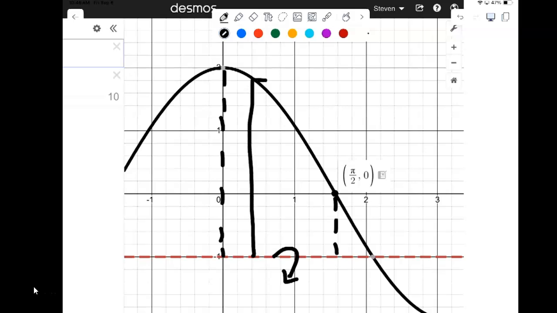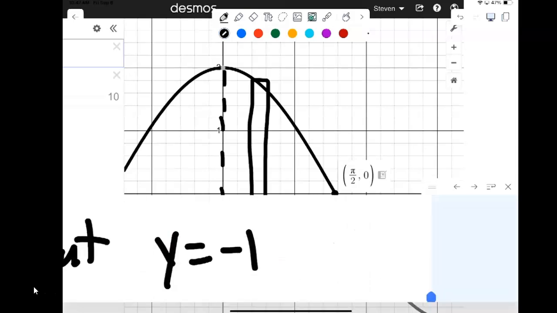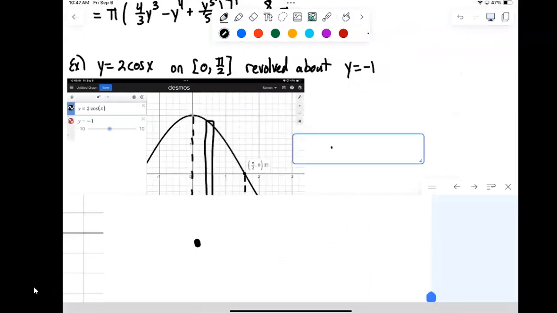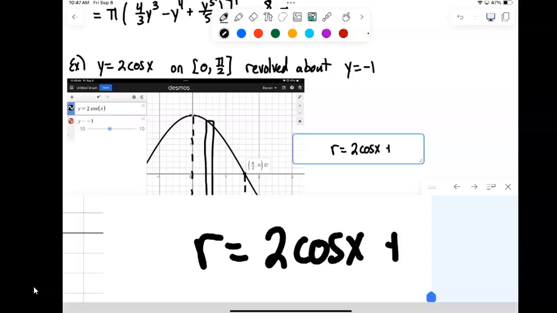We can just draw in a little sample rectangle here and see that the gap is going to be the gap of 2 cosine x, and then add on this extra gap of 1. So here we recognize our radius as r equals 2 cosine x plus 1.